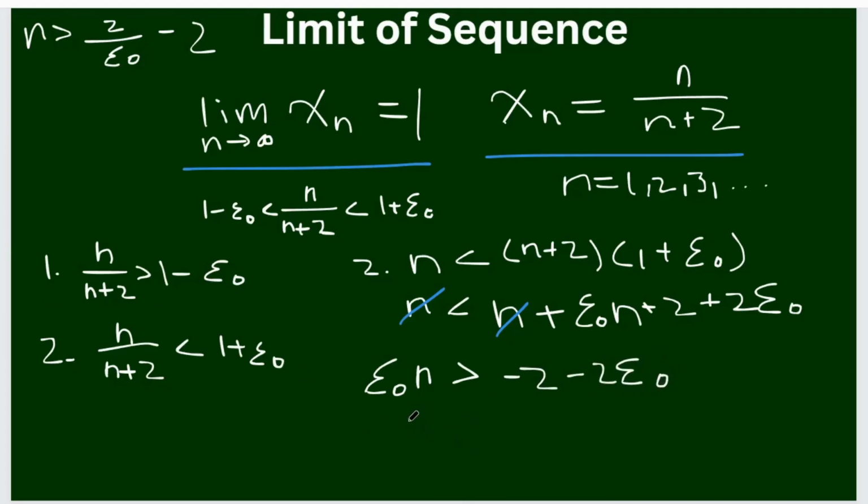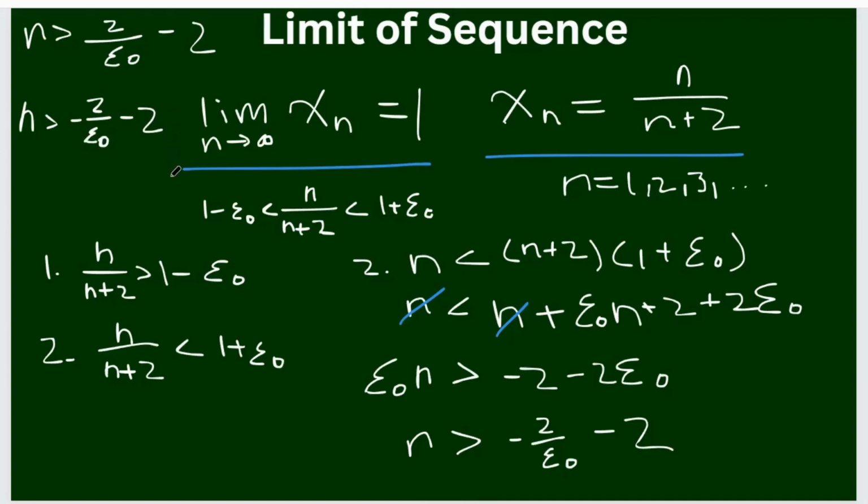Then divide by epsilon 0 on both sides, which we can do once again because epsilon 0 is greater than 0. So that's negative 2 over epsilon 0 minus 2. So here n is greater than negative 2 over epsilon 0 minus 2.